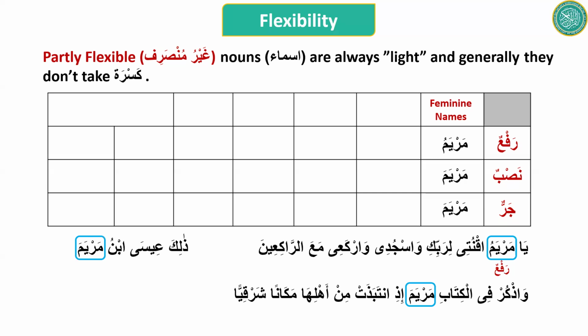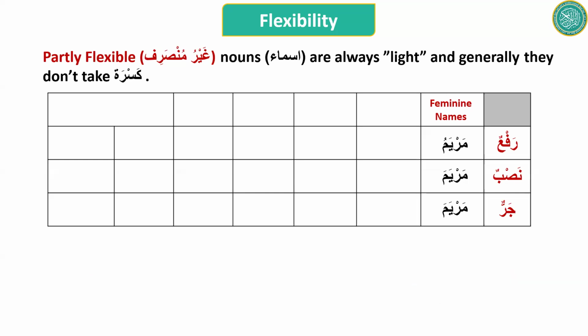One of them is Nasab, the other one is Jar. Once you know more Arabic, you will be able to tell that the first one at the bottom is in Nasab status, and the other one on the left is in Jar status. That is after you have learned more Arabic. So Maryamu is Rafa, Maryama is Nasab, Maryama is Jar.